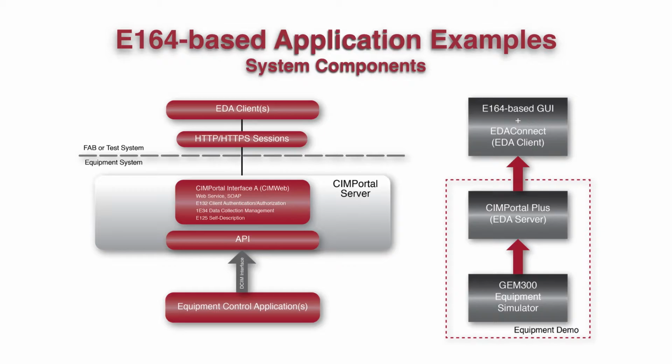It's probably more useful to actually look at an example than it is to describe them, because it's much more instructive. So I'm going to run some software here that we'll be using to browse an actual equipment model of a GEM 300 compliant piece of equipment. What I'm running here is a piece of software called the Equipment Client Connection Emulator.